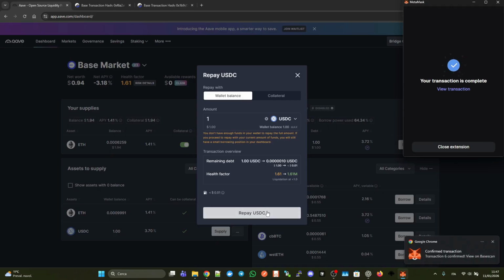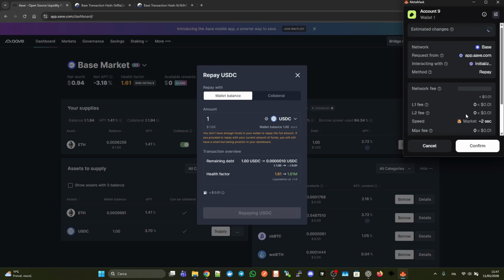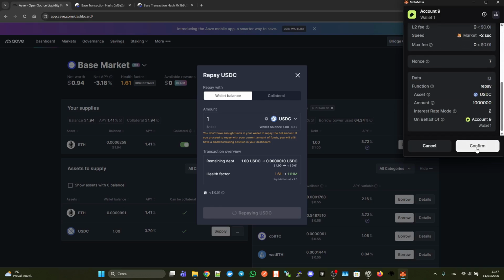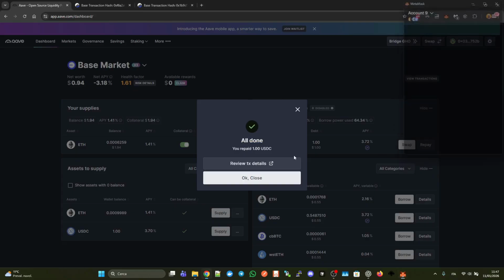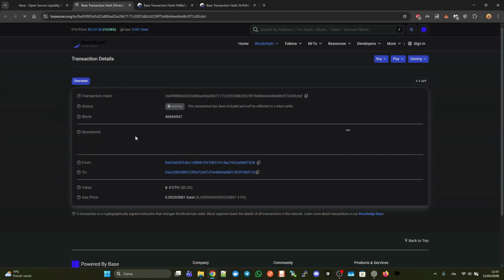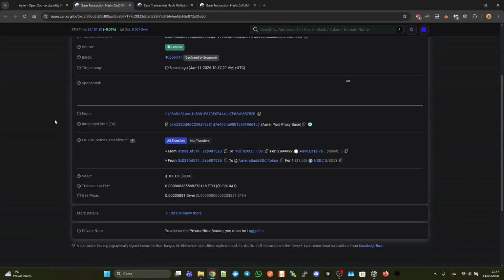So now we can repay our USDC. Okay, confirm. Review transaction details. Okay, of course, here we are giving back our USDC.